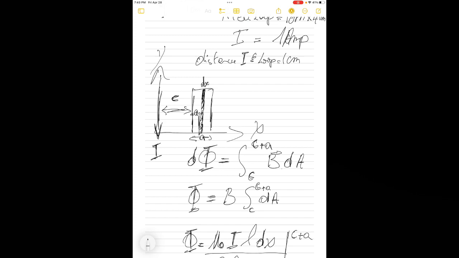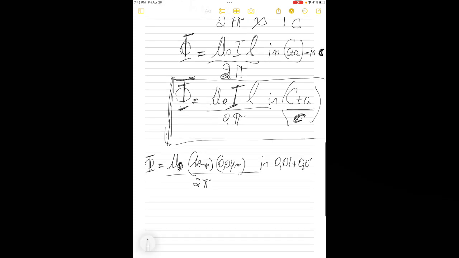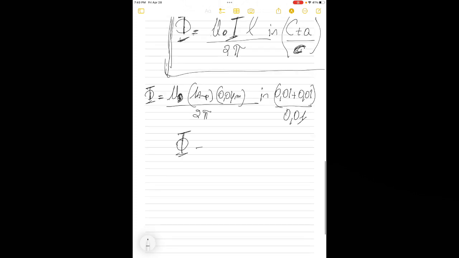So it's going to be the same thing, 0.01 divided by 0.01. The magnetic flux is going to be equal to 5 times 10 to the power of -9 Weber.